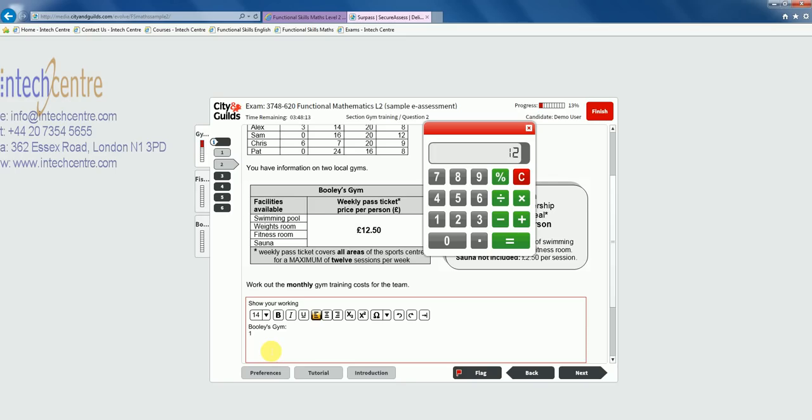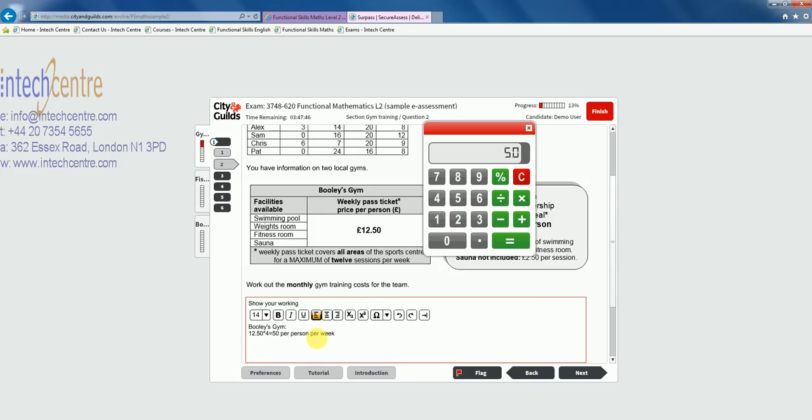So let's do it per person, so there's 4 people, times 4, so £12.50 times 4 is 50, so that's £50. But then that's per person per week.